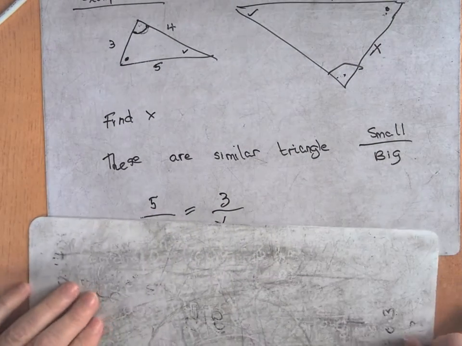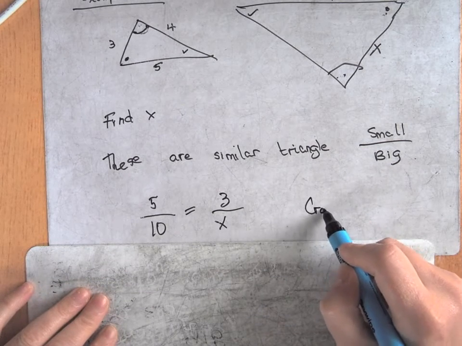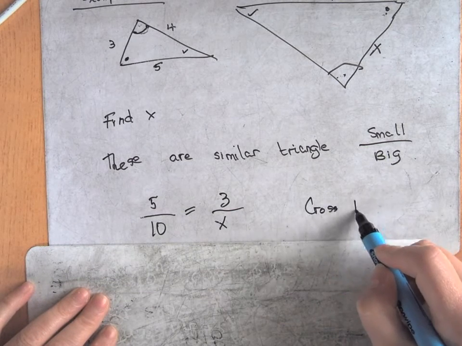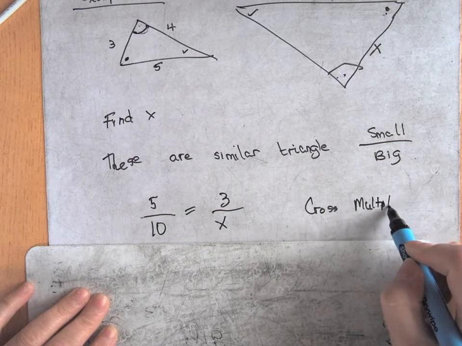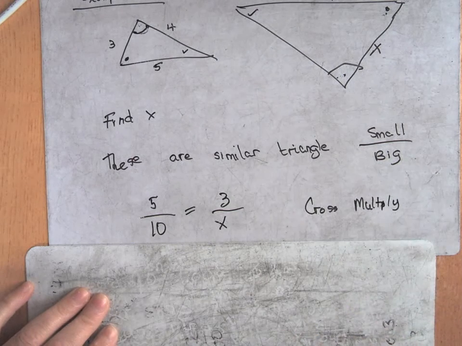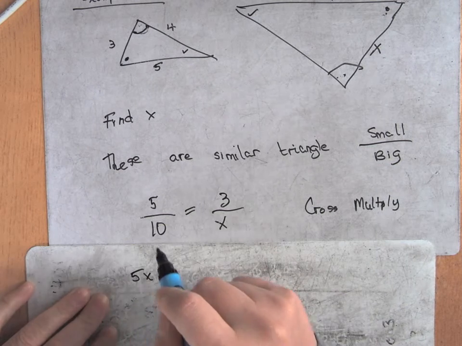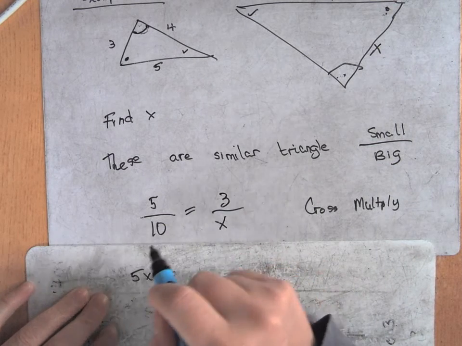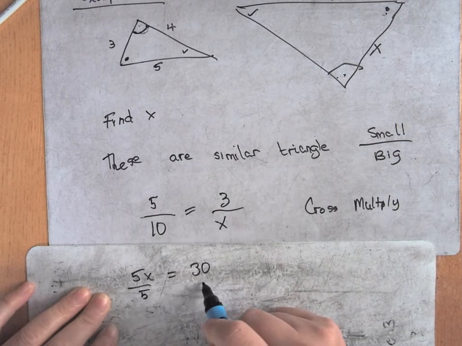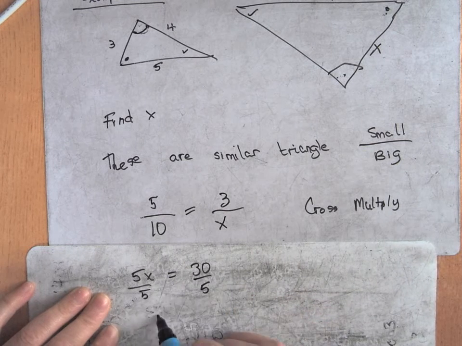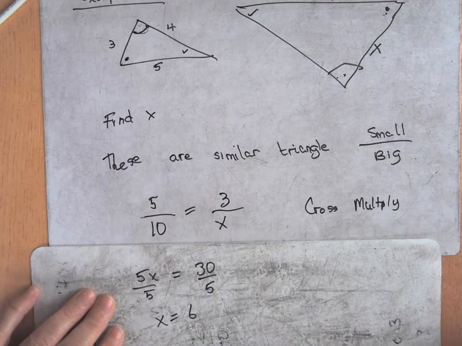What you do then is you cross multiply. When you cross multiply here, you'll get 5x is equal to 30. So 5 by x is 5x, 3 by 10 is 30, and then divide each side by 5, and you get x is equal to 6. So that's the answer to that question.